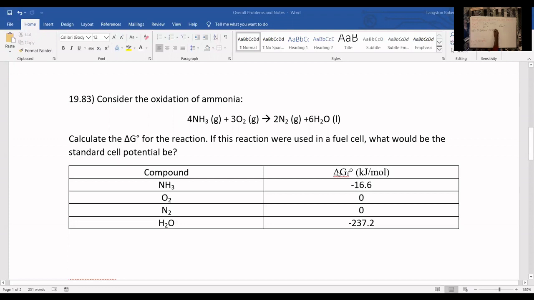237.2. Right, products minus my reactants, so 4 times my NH3, which is negative 16.6, plus 3 times my oxygen, which is 0. Again, just writing it to be safe.